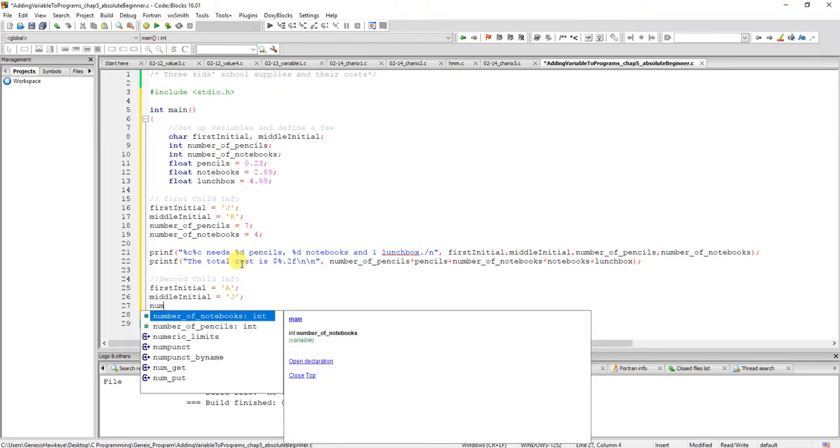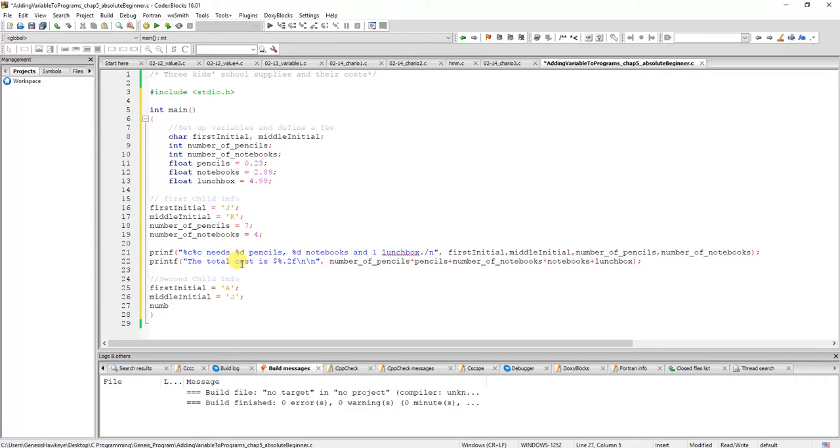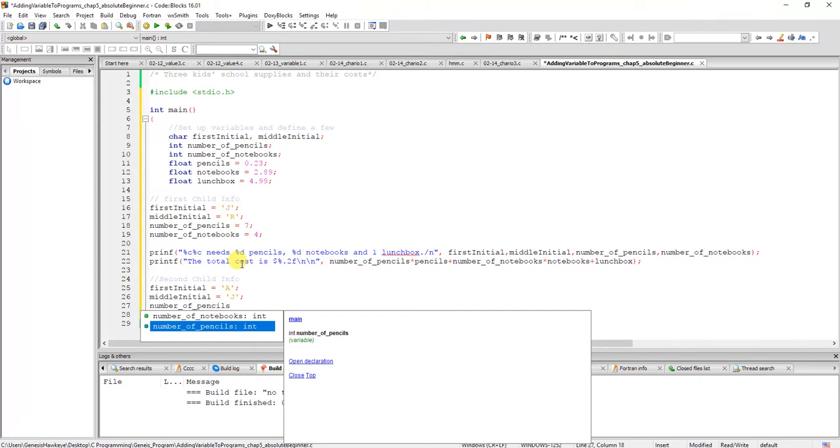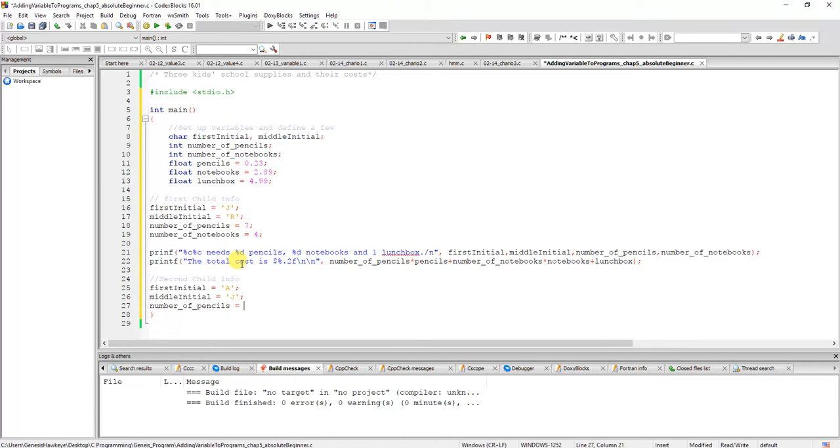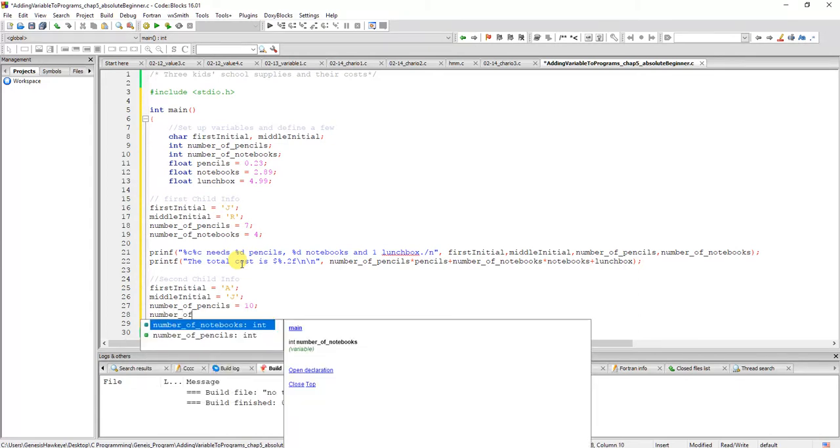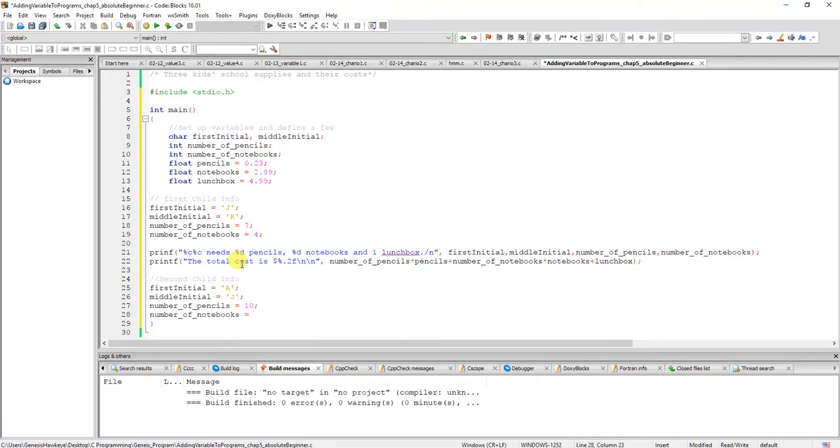And now we need the number of pencils. We do the same thing. Number of pencils equals 10. Let's say he needs 10 pencils. And the number of notebooks that AJ needs is 3.